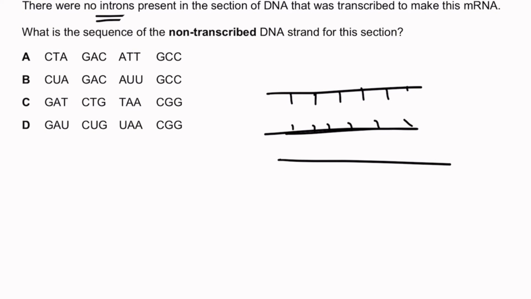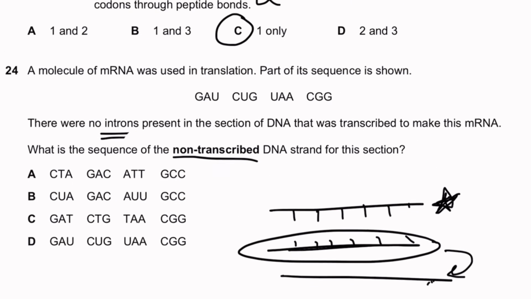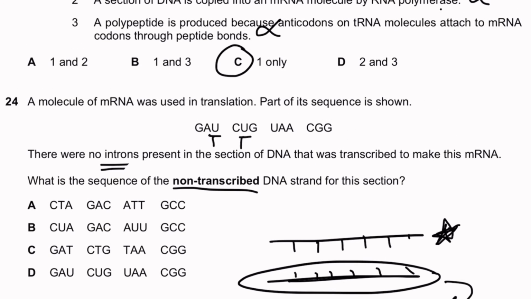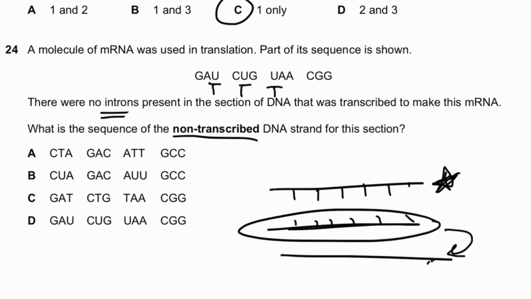Since the mRNA is complementary to this strand, it's also going to be the same as the non-transcribed strand, except for every U will be a T because it's DNA instead of mRNA. So it should be GAT, CTG, TAA and CGG.